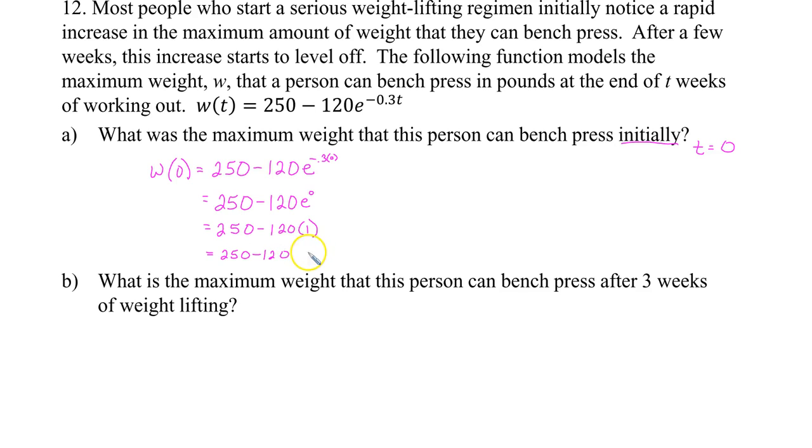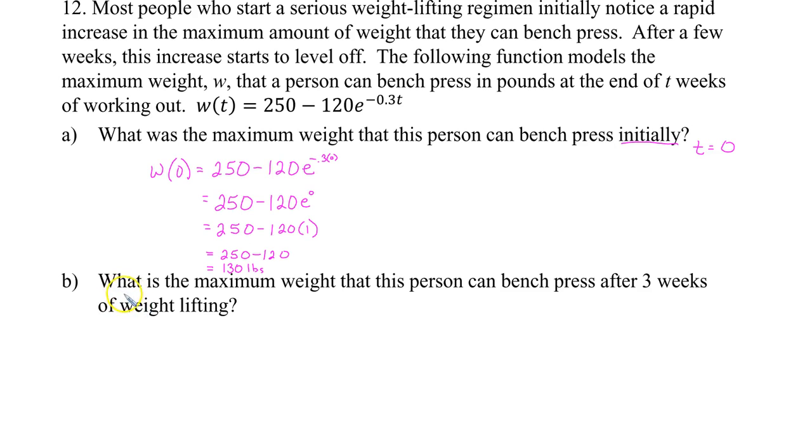So according to this, this particular person could bench press 130 pounds initially. Okay, so we just do 250 minus 120. All right. So at the beginning of this program, this person was able to bench press 130 pounds. That is definitely not me. I will never be able to bench press 130 pounds, so that's another story.